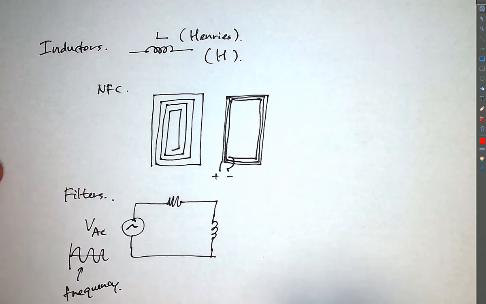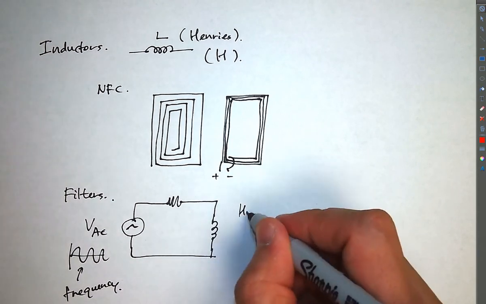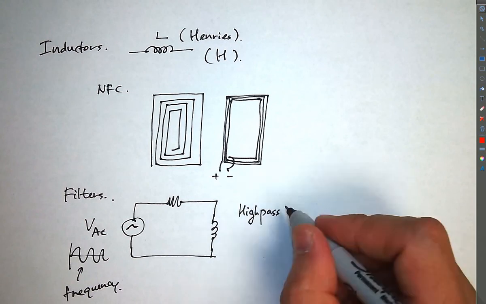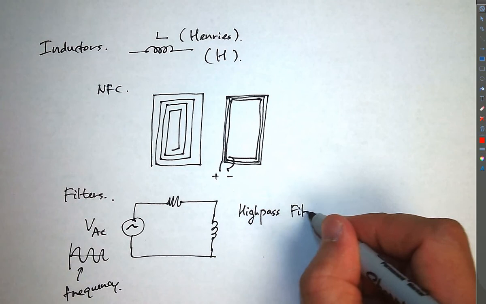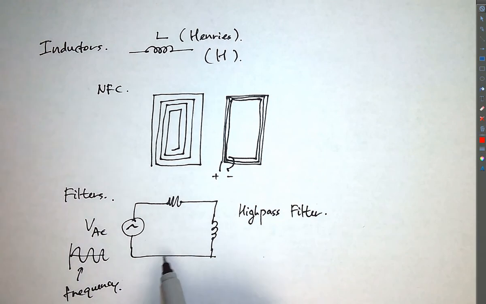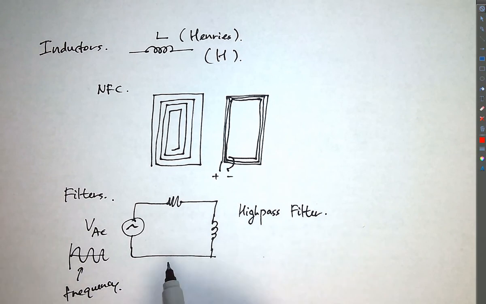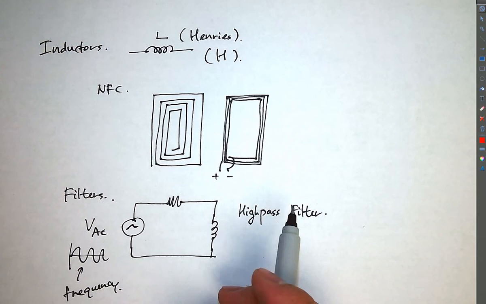In this case, this is a high-pass filter, meaning it'll pass through signals at high frequencies, and it will block signals at low frequencies. Low frequencies would be something close to DC, 1 Hz, 2 Hz, 3 Hz, 60 Hz, something that's low compared to high frequencies. It could be in the kilohertz range, it could be in the megahertz range.